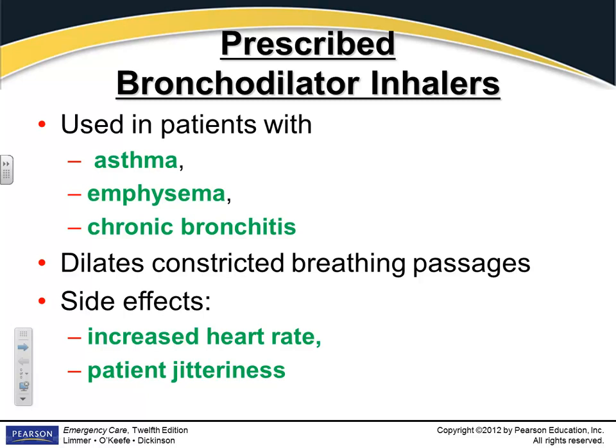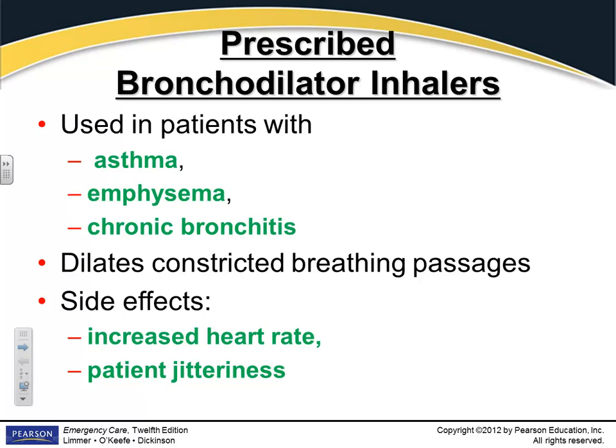Beta agonist means it has an impact on the beta receptors. And the things that beta agonists do, regardless of what the particular drug is, beta agonists will cause tachycardia, increasing the heart rate, and it makes the patient jumpy. It's a sympathomimetic. It causes the pupils to dilate, usually increases the respiratory rate a little bit, and increases the heart rate. It's a sympathetic nervous system stimulant, if you will. That's what a beta agonist is.